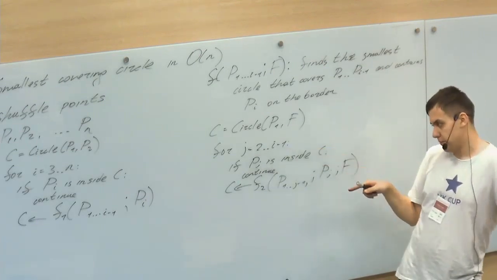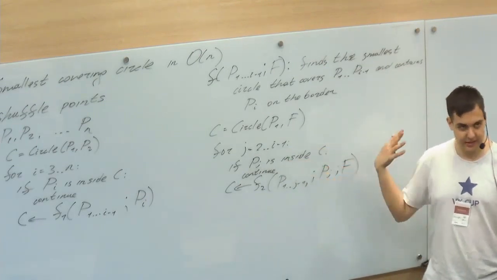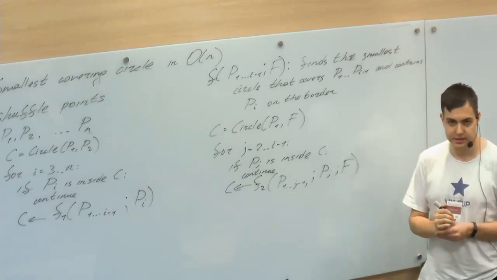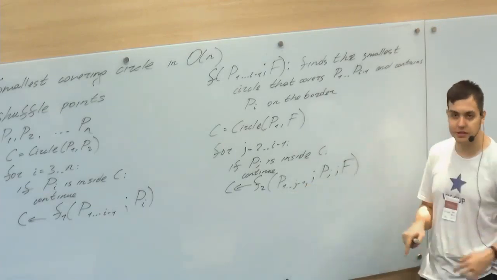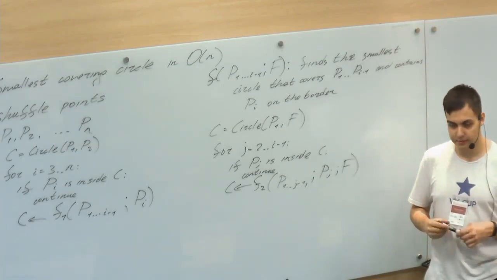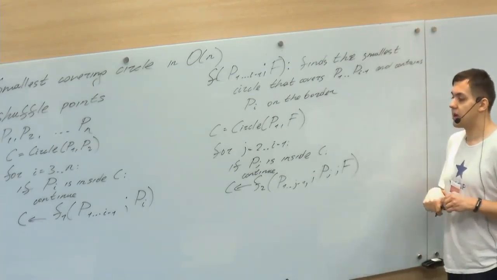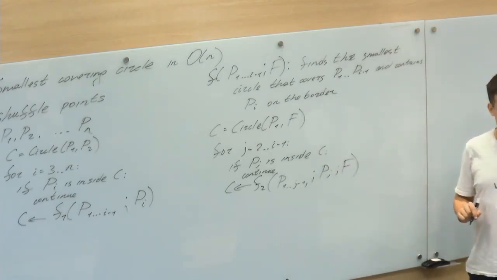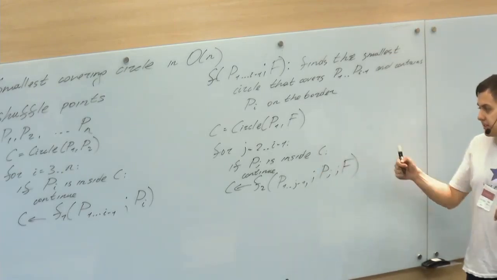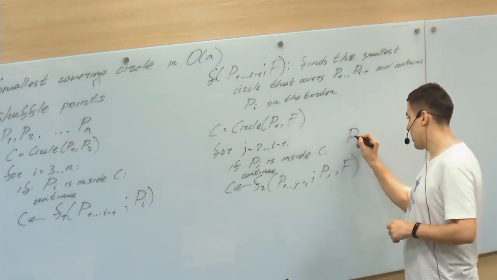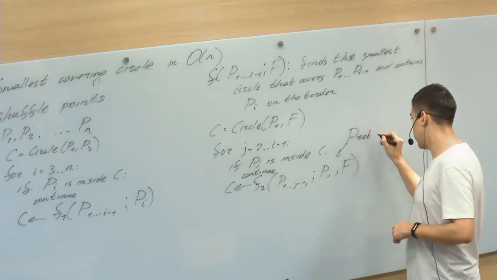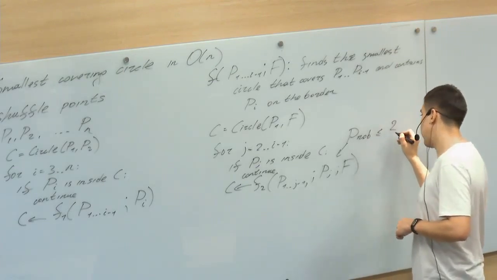Then we try all possible points. We check if it's inside, then it's okay. Otherwise, we find the smallest circle that contains these 2 points on the border. Okay, so what's the probability that this happens? Well, I claim that the probability that this happens is at most 2 divided by j.